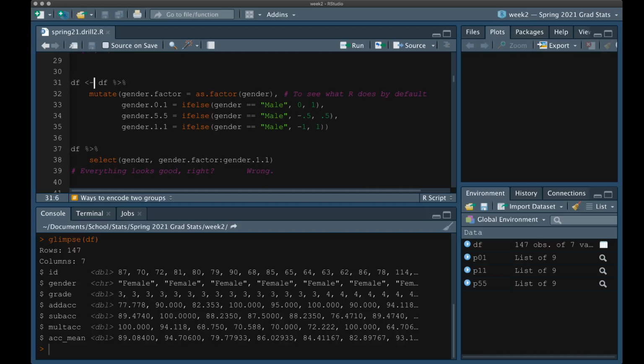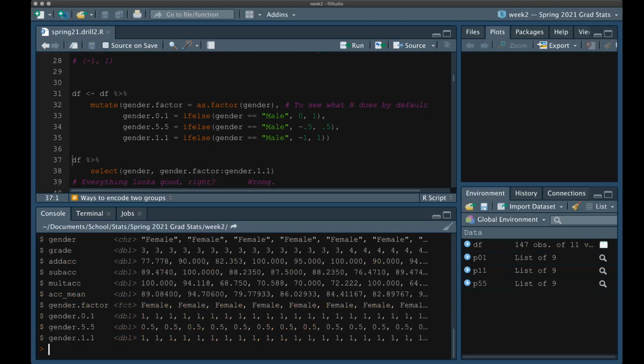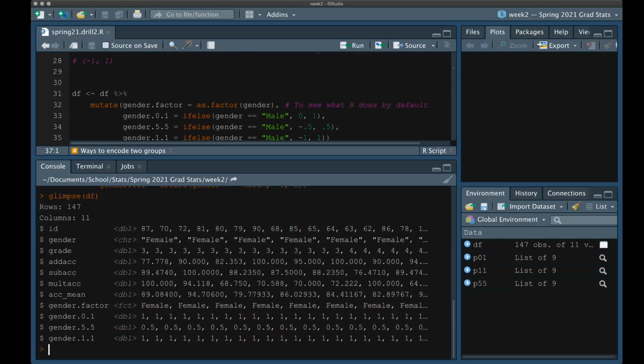So once we run this line, if we look back at our data frame, you can see that we now have these four additional variables. Only now gender factor is an actual factor, as opposed to the original gender variable, which is still a character.